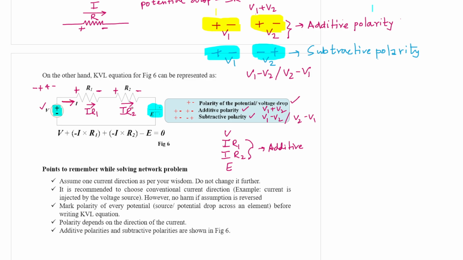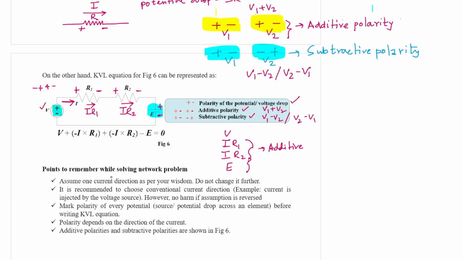With these two potential drops, we have the battery. The battery potential is plus minus, so again it is additive. So these three potentials, IR1, IR2 and E, are additive polarity, and with these three, V is subtractive polarity.